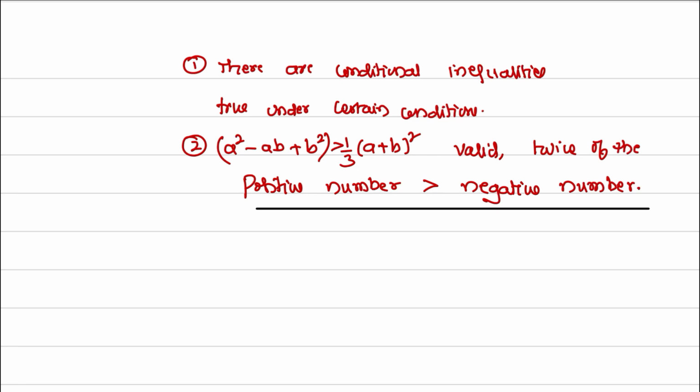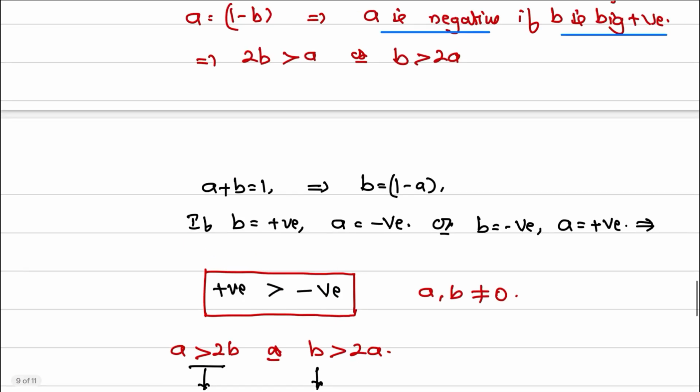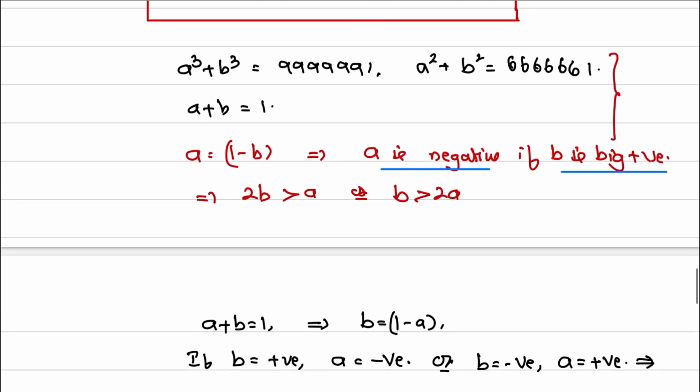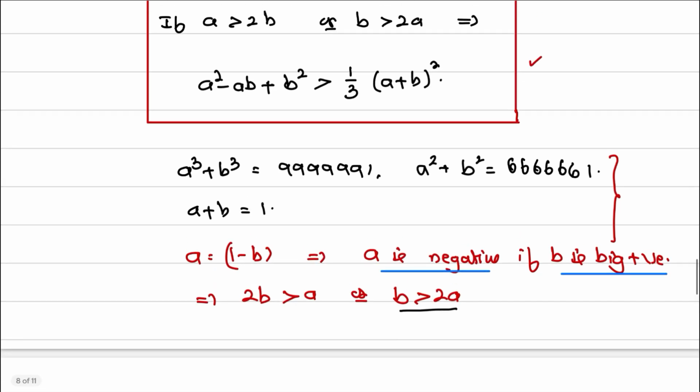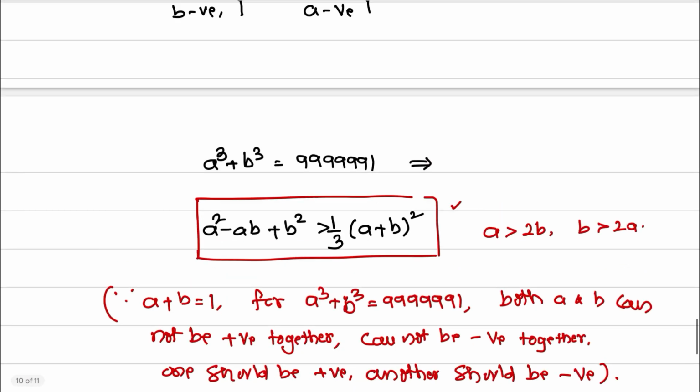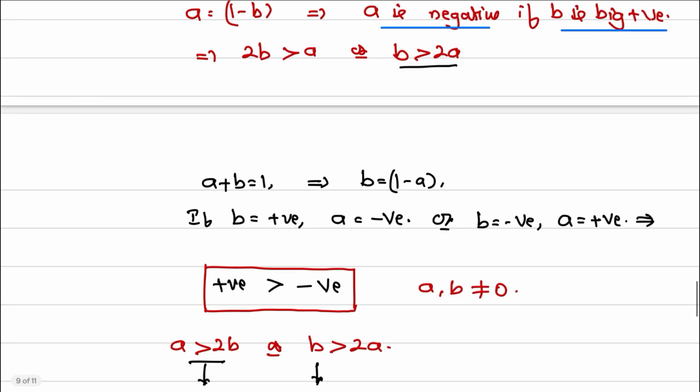If a is positive, 2a is greater than b. If b is positive, 2b is greater than a. Like this, as we have written here: b is greater than 2a, or a is greater than 2b.